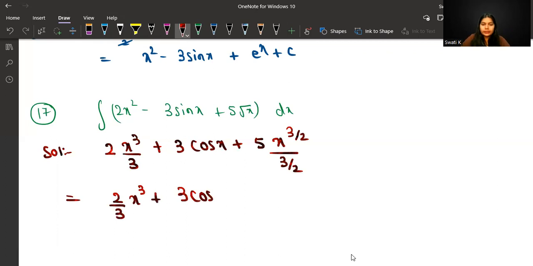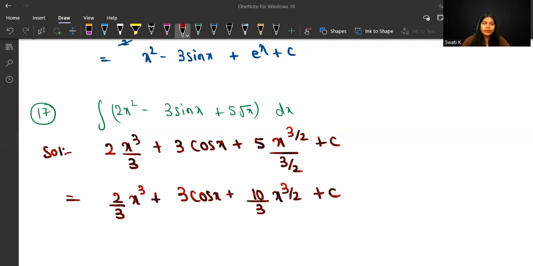Here, this will become 2 upon 3, which is 2 into 5, 10 upon 3, x raised to 3 upon 2 plus c. Here also you have to write down the constant of integration. So therefore, this is our answer: 2 upon 3x cube plus 3 cos x plus 10 upon 3x raised to 3 upon 2 plus c.